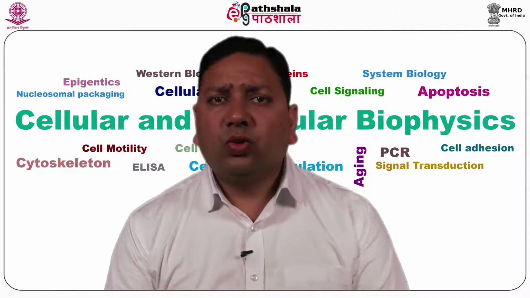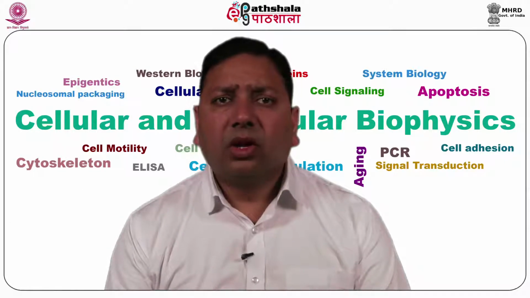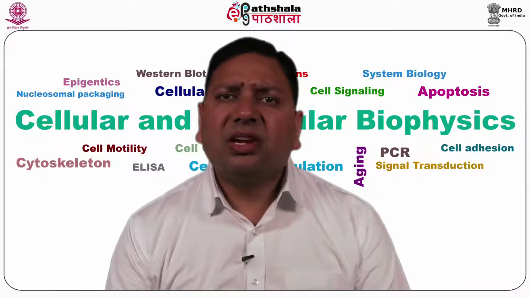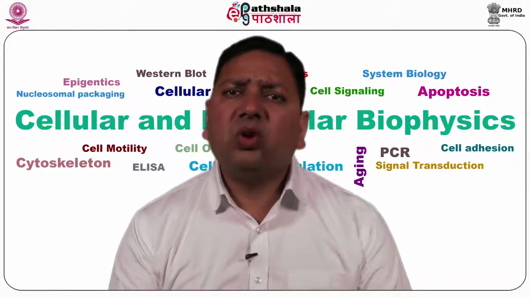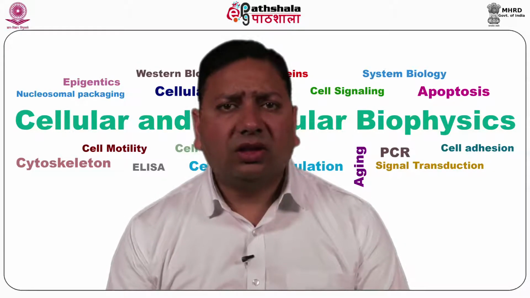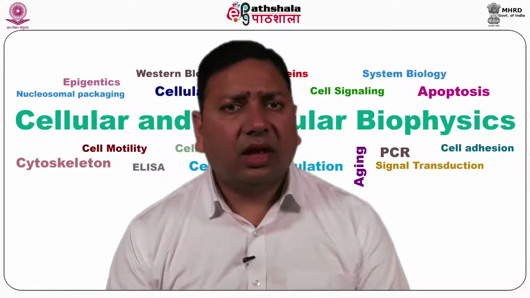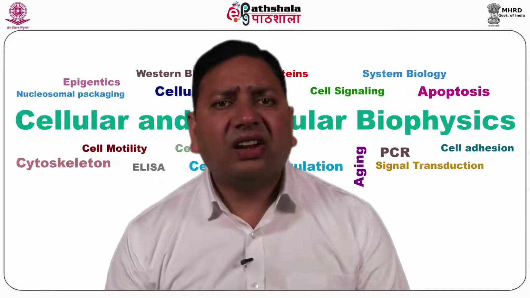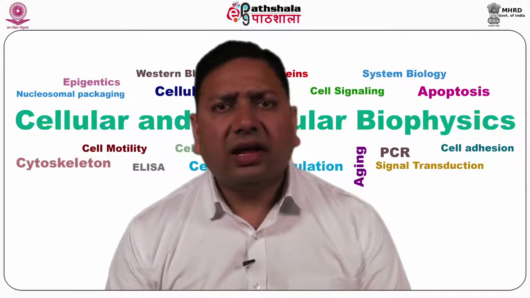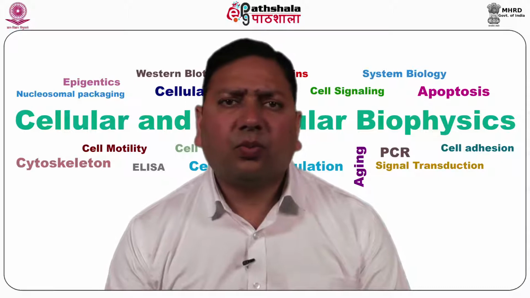Now coming to nuclear import receptors. Localization of nuclear proteins that contain NLS only takes place after recognition by nuclear import receptors. Import receptors are present in the cytosol as soluble proteins and have the ability to interact with both the NPC and the NLS of cytoplasmic proteins.